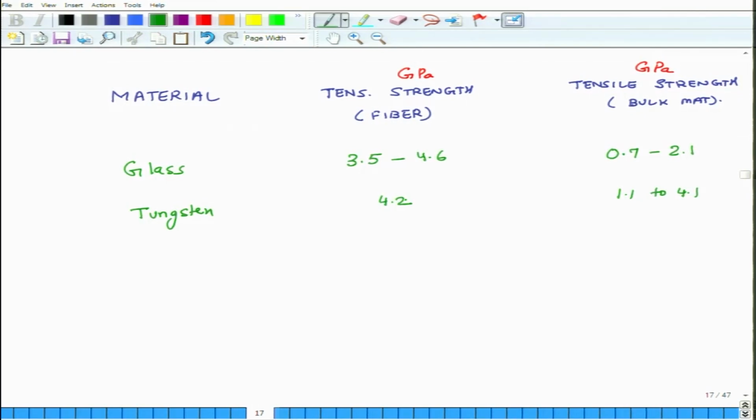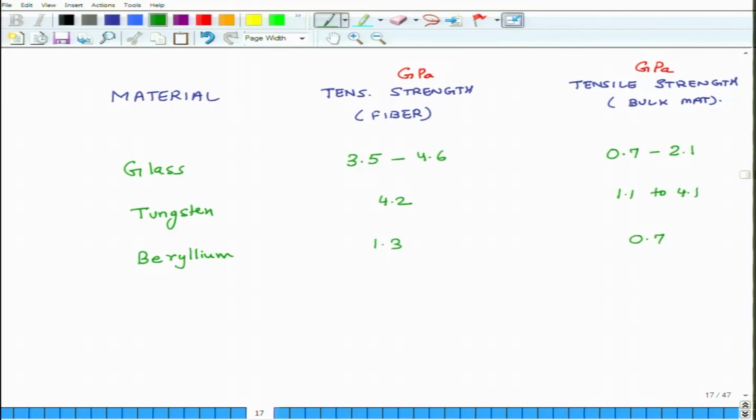So, it does not have a lot of variation and it is much on the higher side. Another fiber we will consider is beryllium, Be. Tensile strength of bulk material is 700 megapascals or 0.7 GPa. Tensile strength of the fiber is 1.3 GPa.